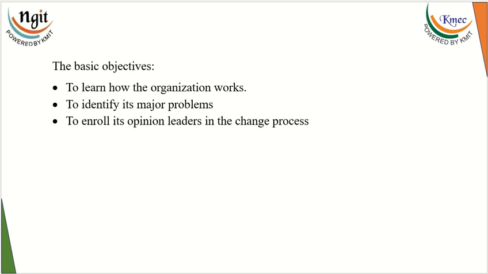First, the software process assessment is going to understand how the organization works. Next, the major problems in that particular organization will be identified. Next, the assessment will focus on enrolling opinions from leaders and the change process that are supposed to be enrolled in the software process development.